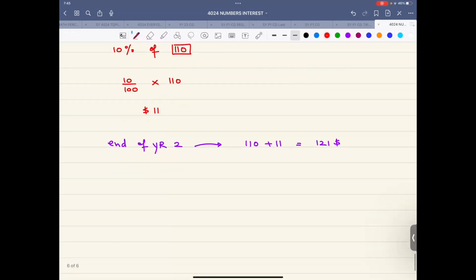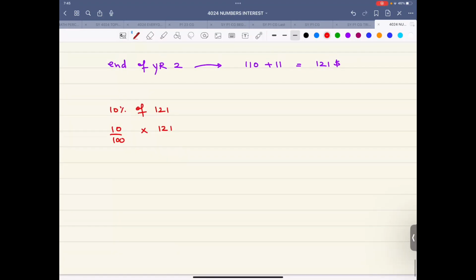Now, next year, what will happen? 10% of $121. That is 10 over 100 multiplied by 121. That comes out to be $12.1.